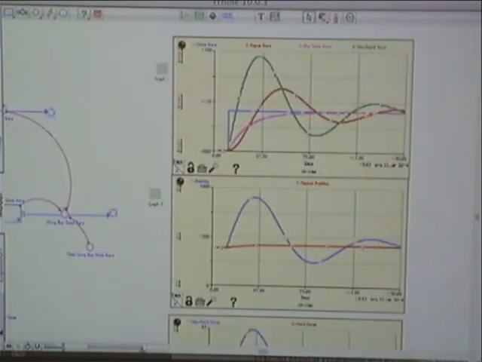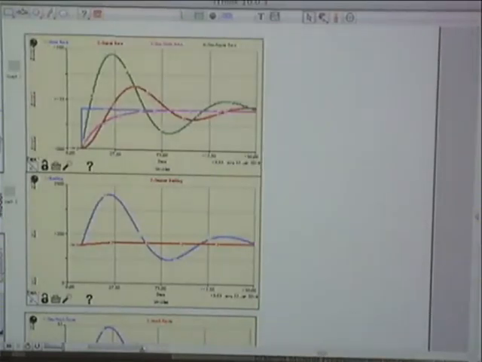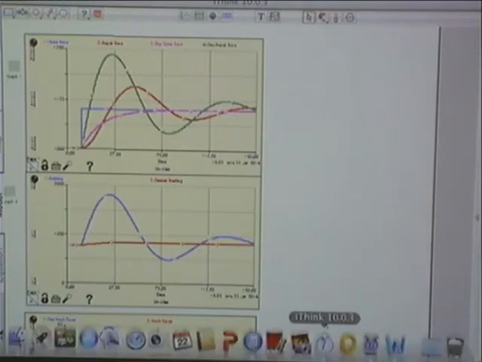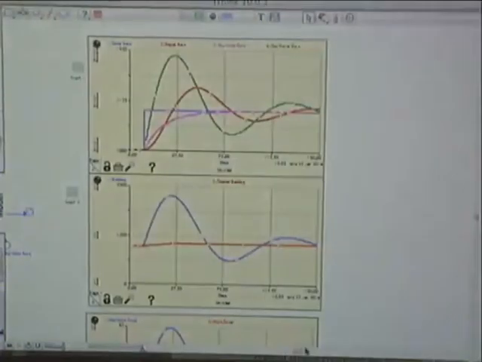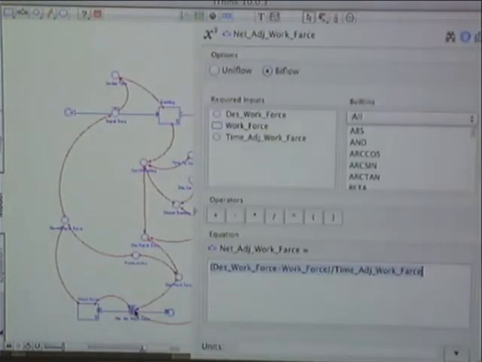Yes? Excuse me? It is inverted? What's the model expression of the desired workforce? It's probably reversed. So it's probably your workforce minus desired.